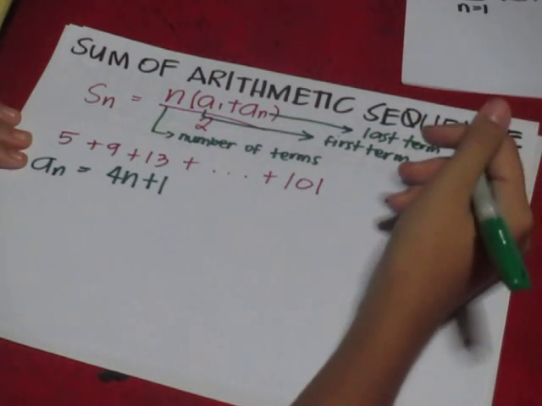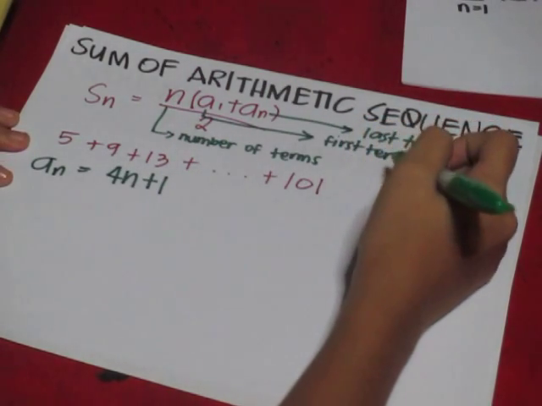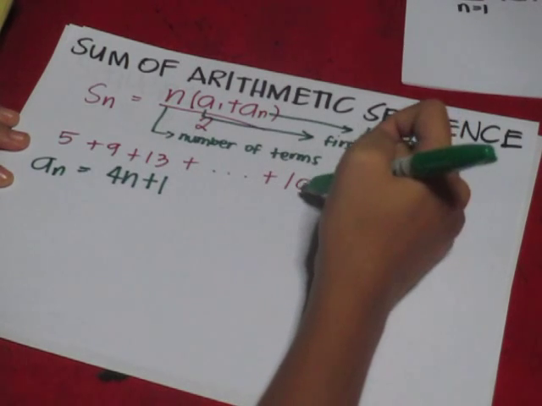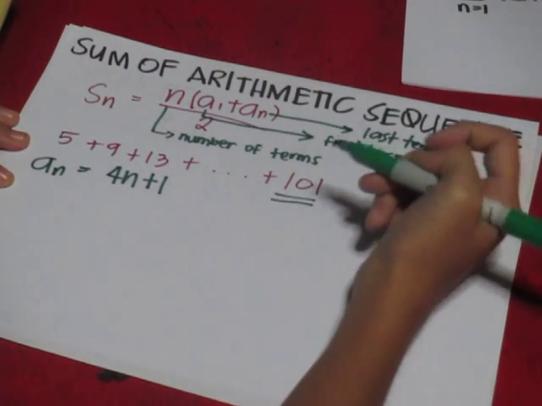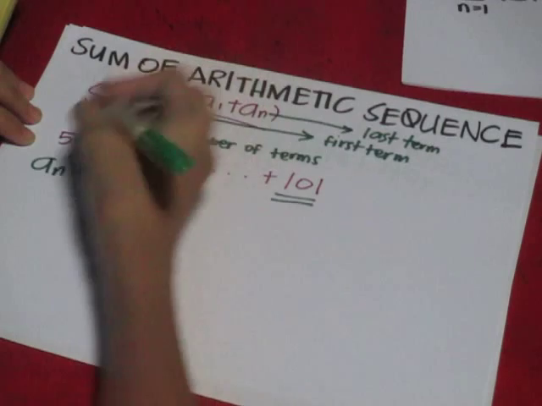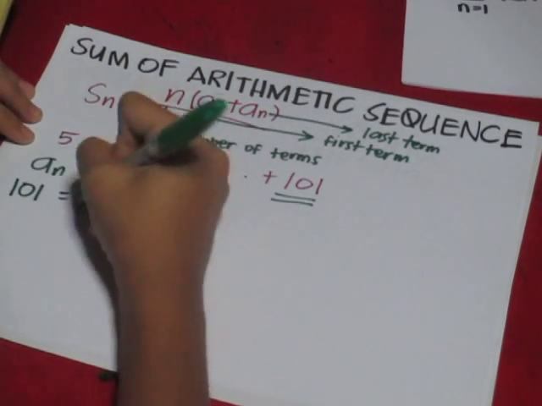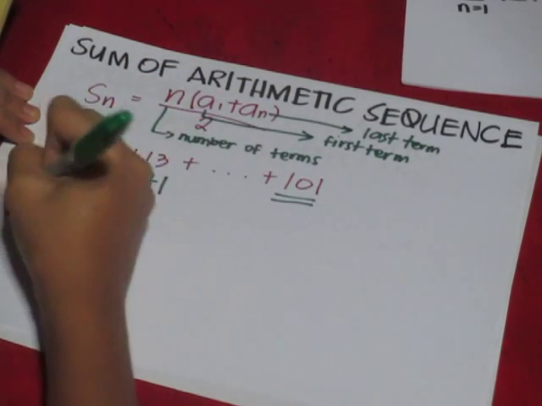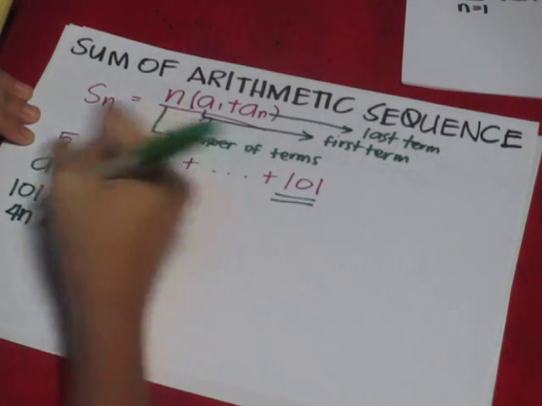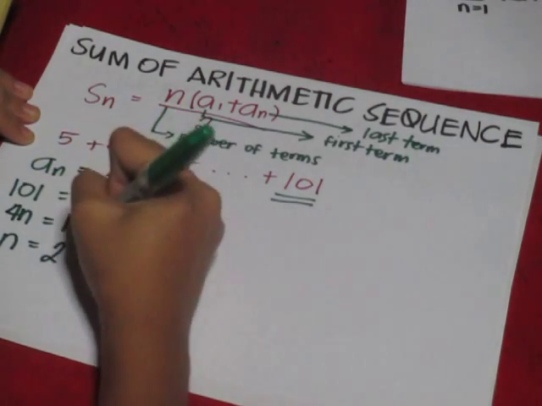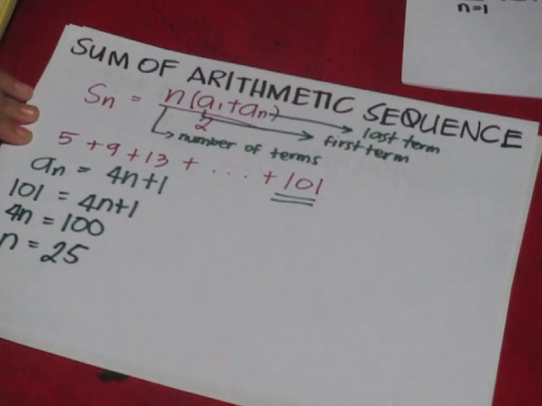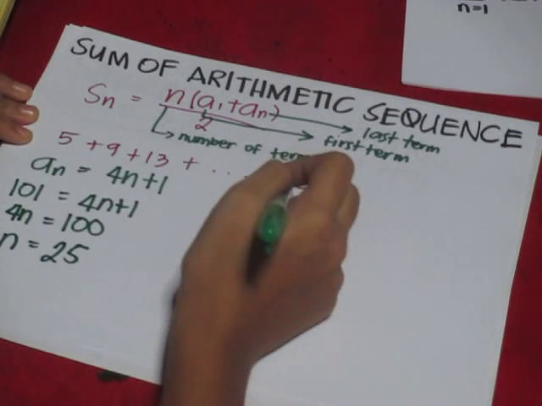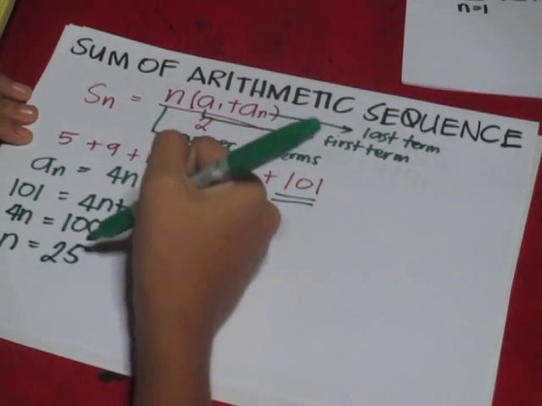Since a sub n stands for the last term, you can substitute the last term, which is 101, into this explicit formula. So that's 101 is equal to 4n plus 1, 4n is equal to 100, and n is equal to 25. So that means the number of terms in this series is 25.